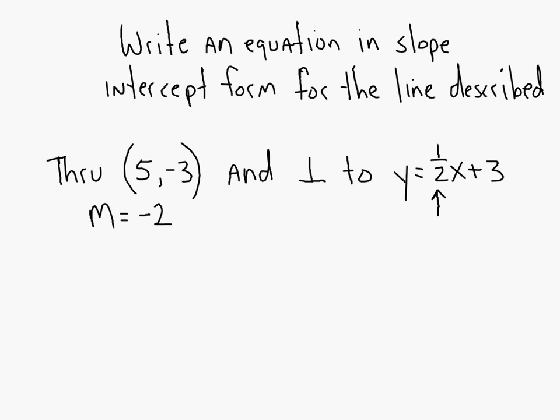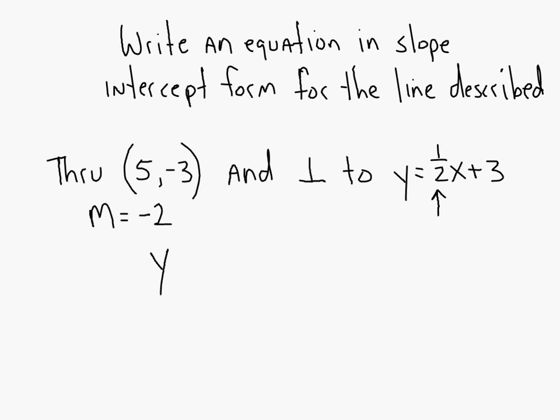So look, our new line goes through (5, -3) and has a slope of -2. Didn't we just write equations when we knew a point and the slope? So can you write it in point slope form? Can anybody take a shot at that? Go ahead.